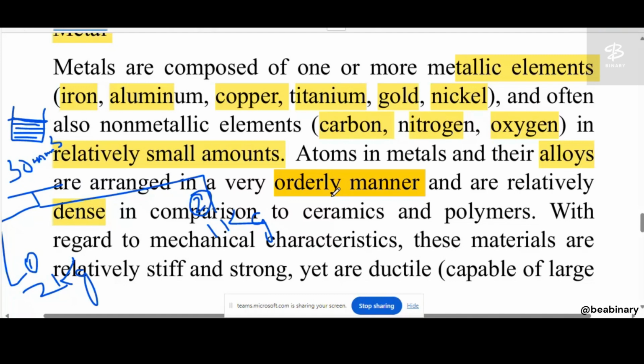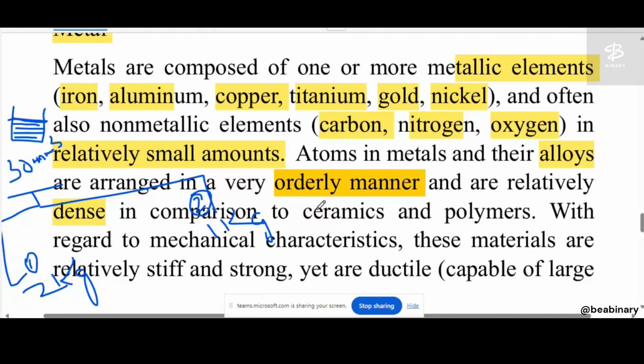So basically, in a confined volume, if more mass is present, then obviously it will be more dense. And if less of the same thing is present, then it is less dense. Dense means how they are spread in a particular volume.